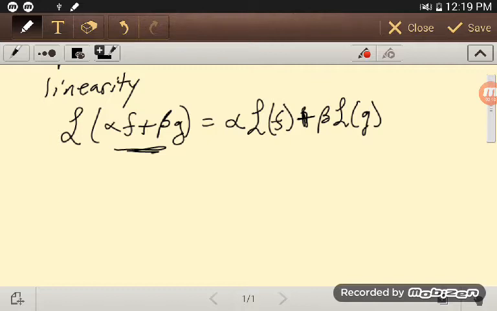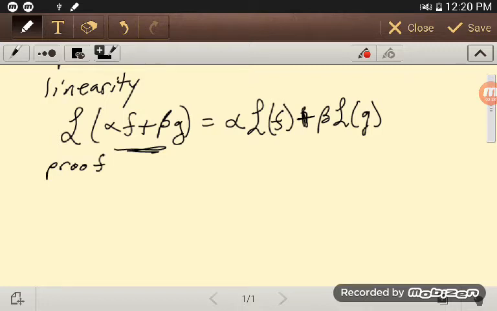But the same basic idea is used in all sorts of ways in many other areas of mathematics. So our proof here really just comes from this idea.